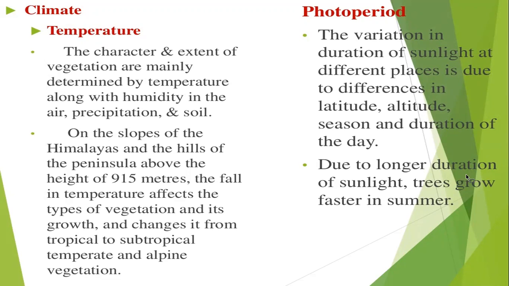Due to longer duration of sunlight, trees grow faster in summer. So, can you think why the southern slopes in the Himalaya region are covered with thick vegetation compared to the northern slopes of the same hill? You will find more cover in the southern part of the same hill compared to the northern part.